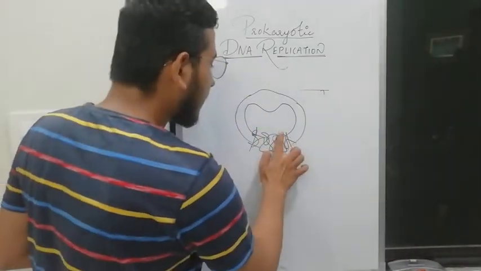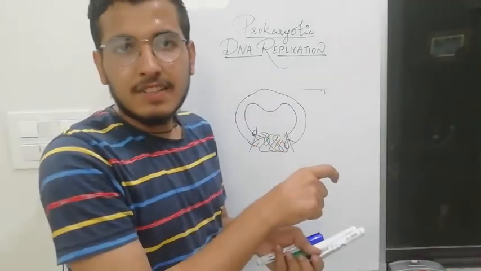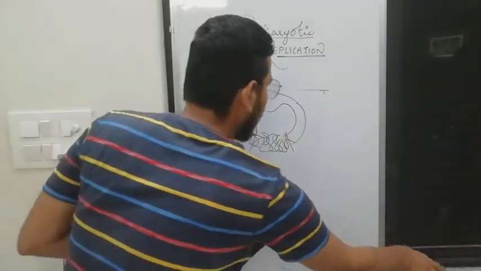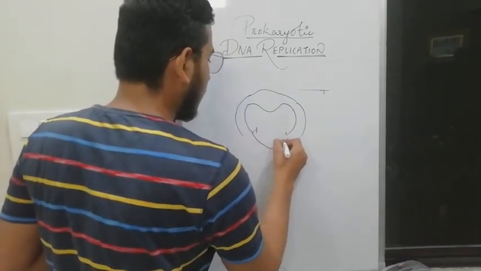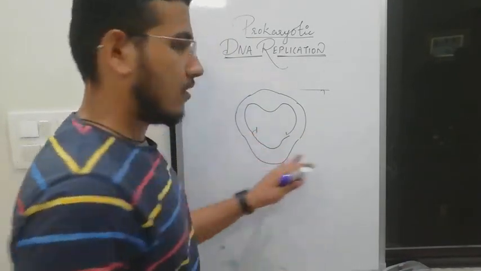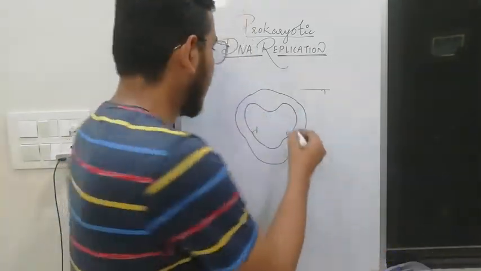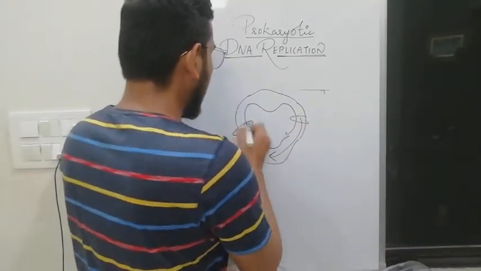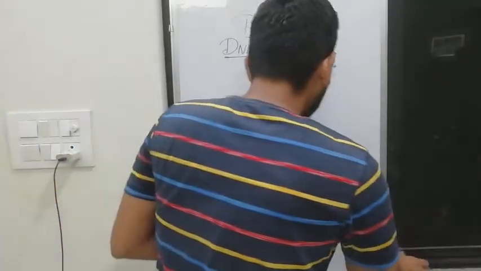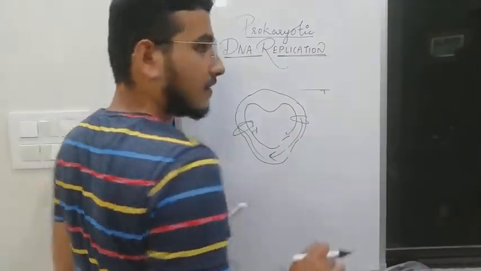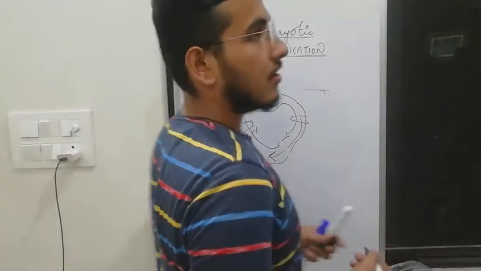It will make a single cut and release the tension over there. Tension will be removed and the DNA polymerase can easily polymerize the DNA. And in type 2, both the strands are cut and then tension is removed. Type 1 and type 2.